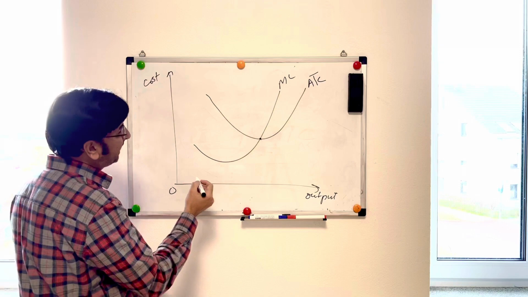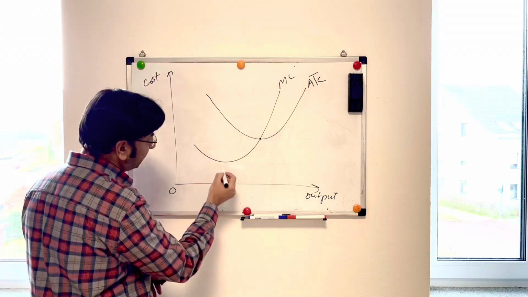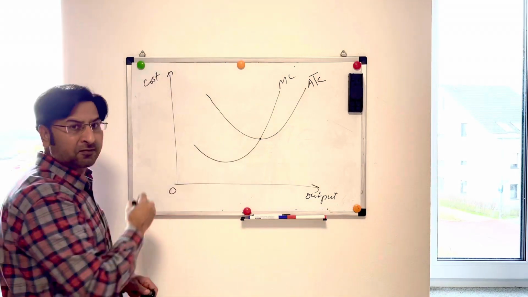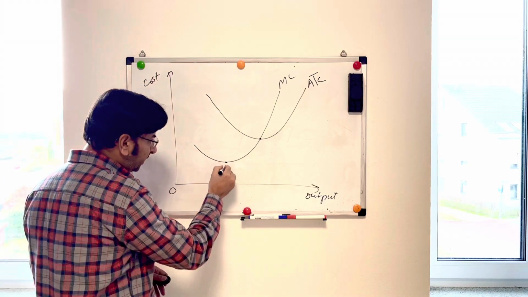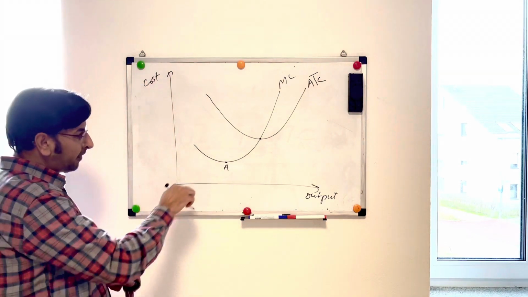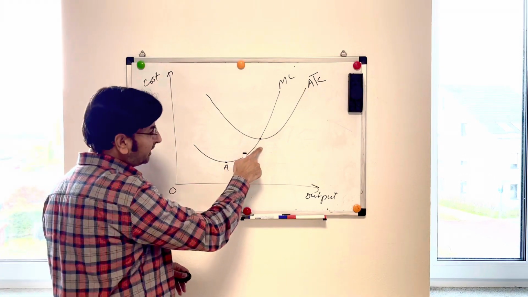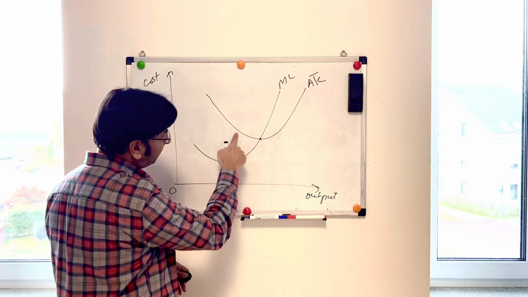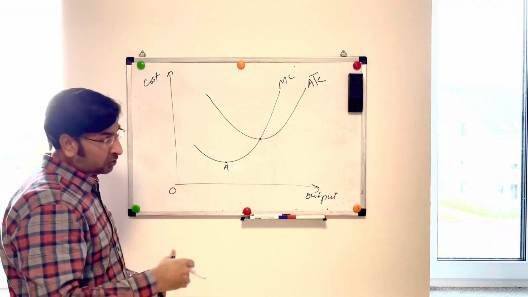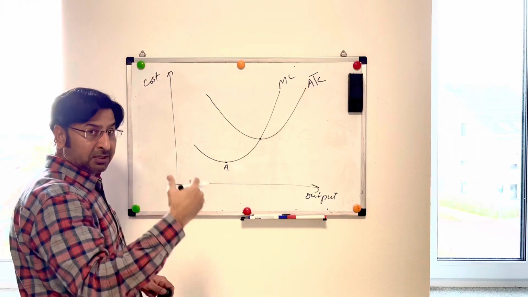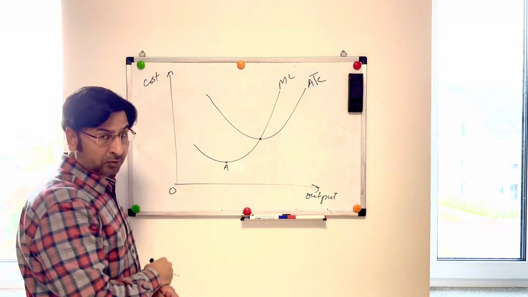As you can see, when MC is falling, AC is falling steeply. But after a point, let me call it point A, after point A, MC is rising, but AC is still falling. And why does this happen? Because mostly you think that when MC rises, it will make AC rise too.